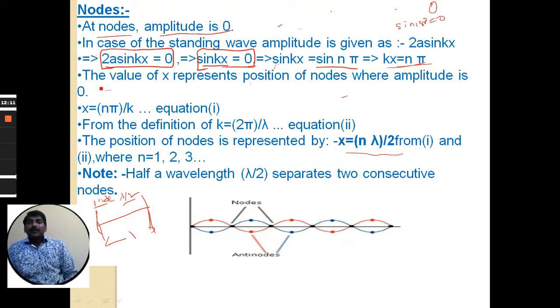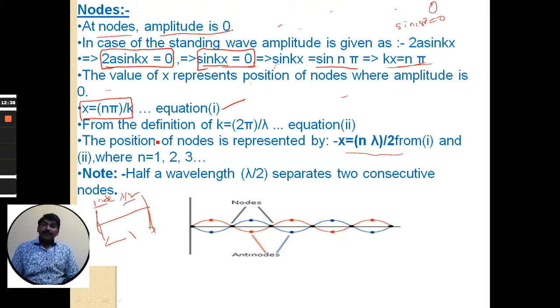Now the value of x represents the position of nodes where amplitude is 0, that we discussed already. So from the above equation, x equals n pi by k. I am taking this as equation 1.